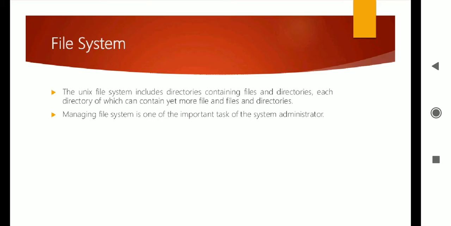So whenever I say directory, you say folder, and whenever I say subdirectory, you can understand subfolders. Each directory can contain files and also subdirectories, so we can create a tree structure here.